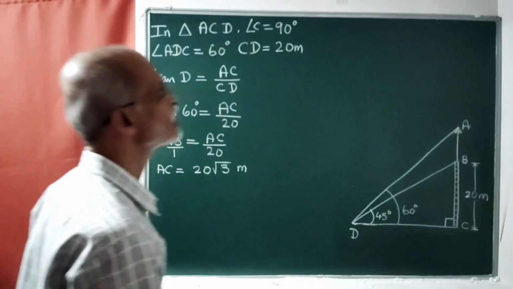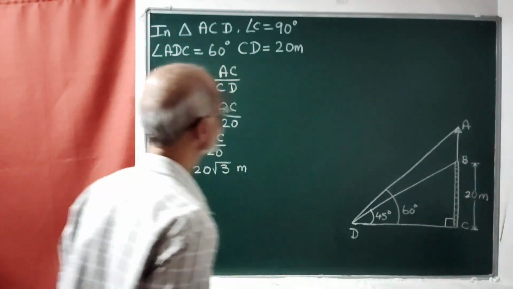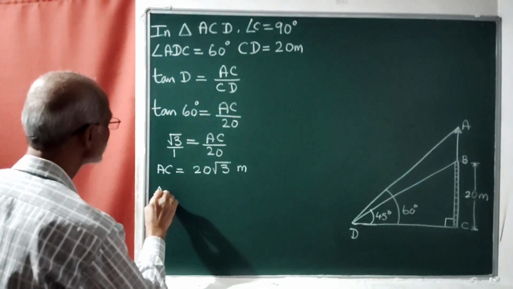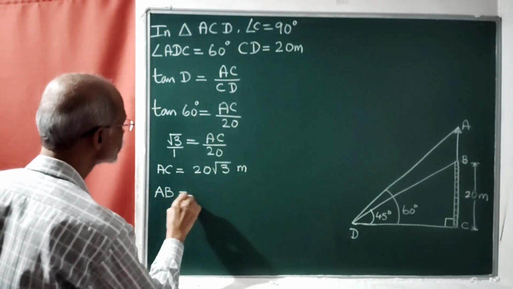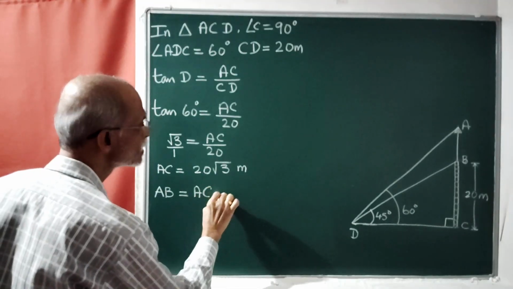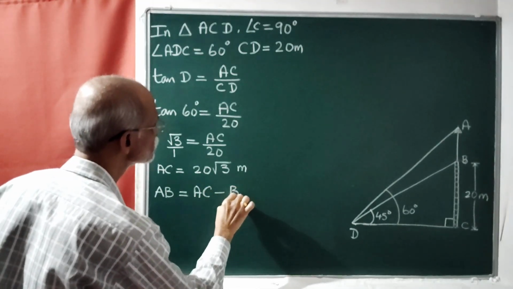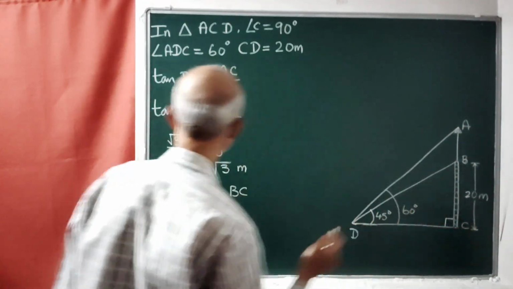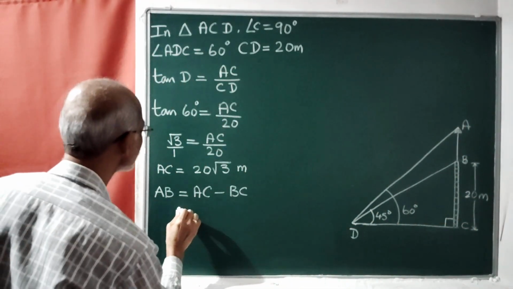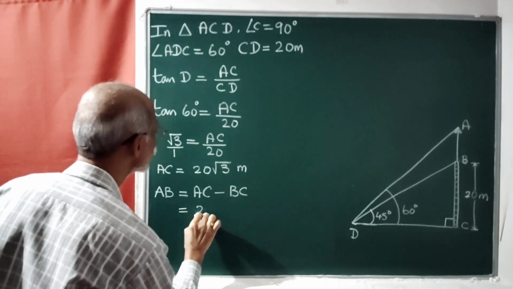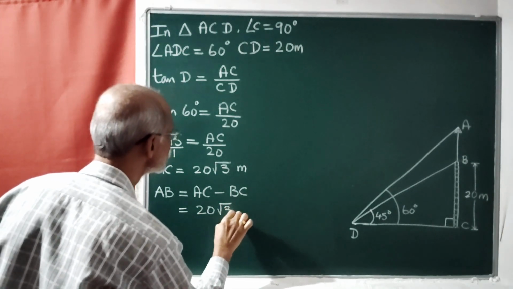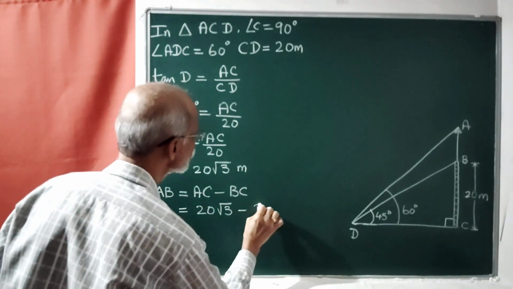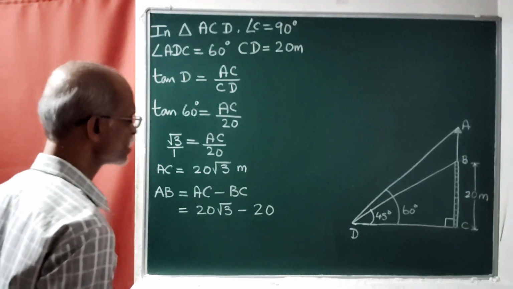Now actually we have to find the value of AB. AB is equal to AC minus BC. AC is 20 root 3. BC is 20.